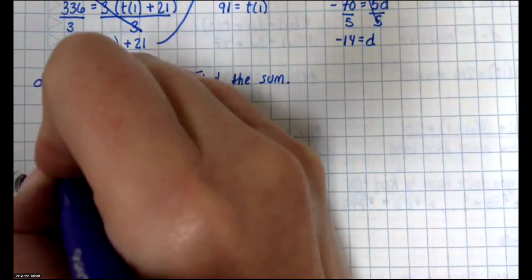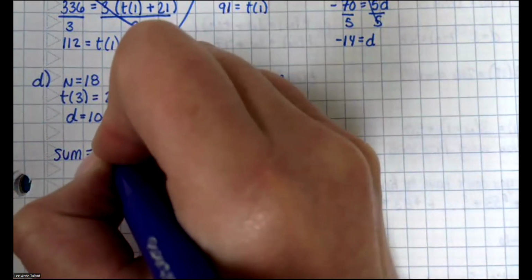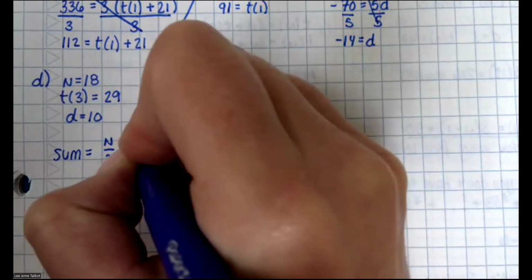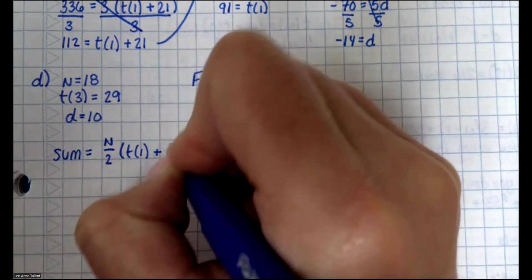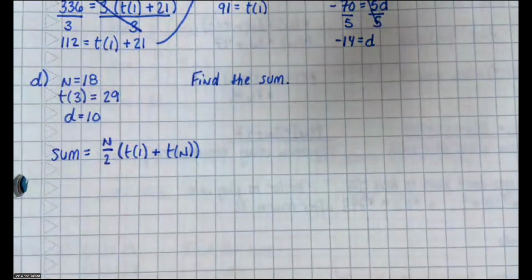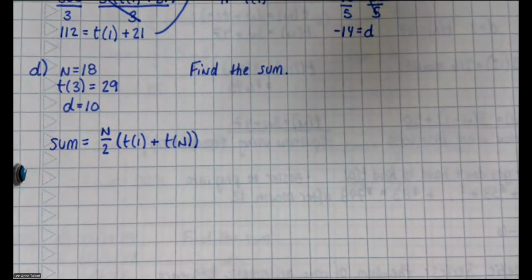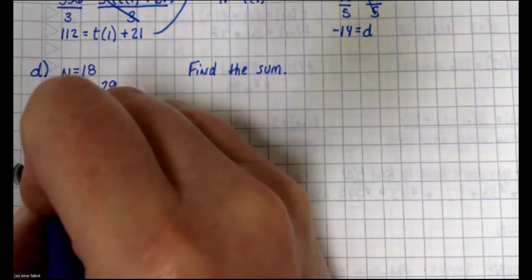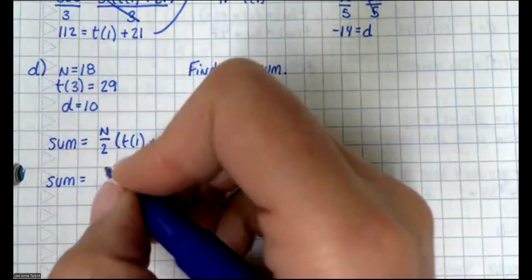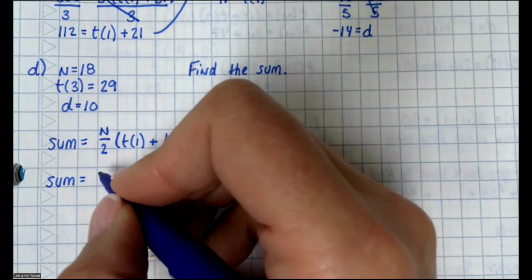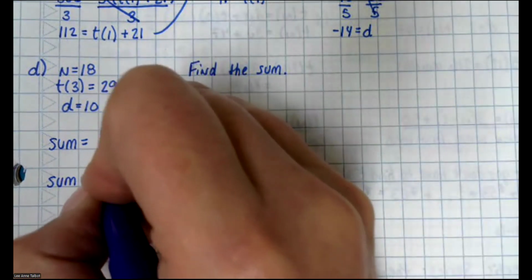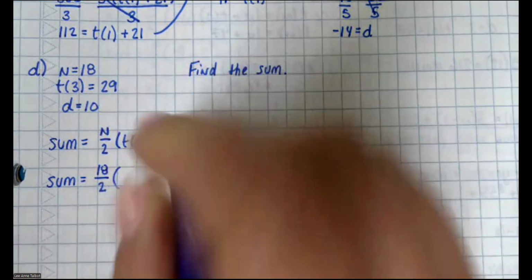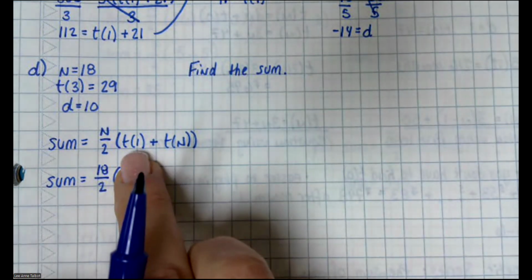Okay, so I'm going to start with the sum formula. It's asking me to find the sum, so that's what I'm solving for. How many numbers are there? 18 over 2.